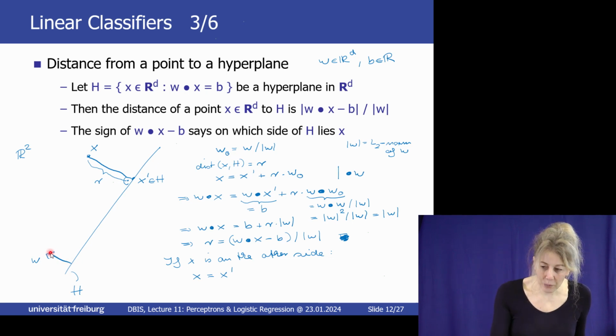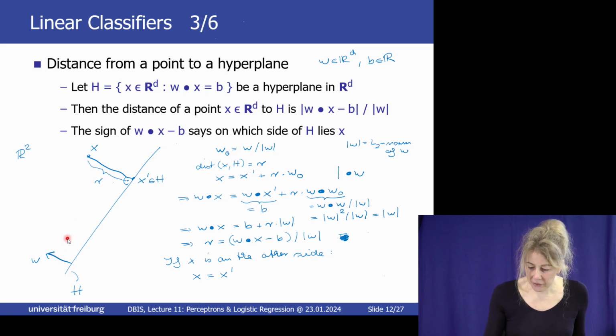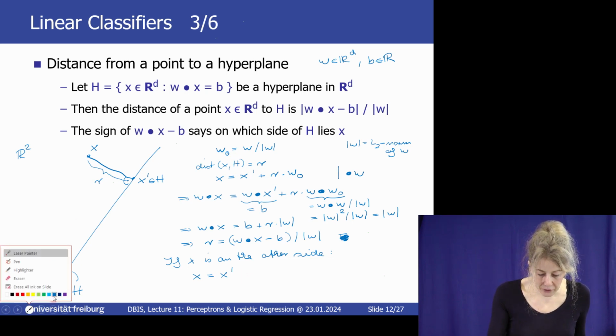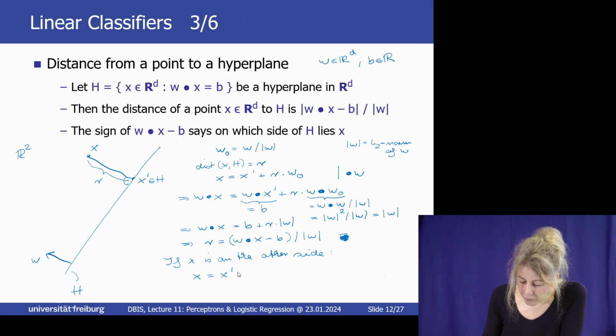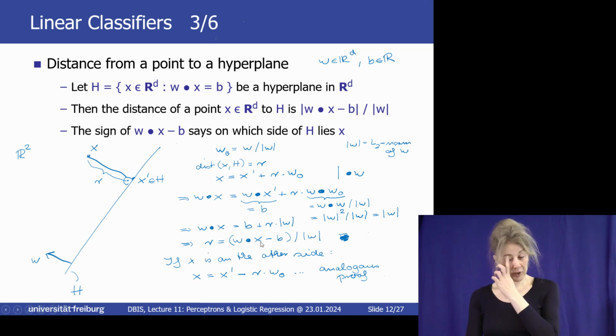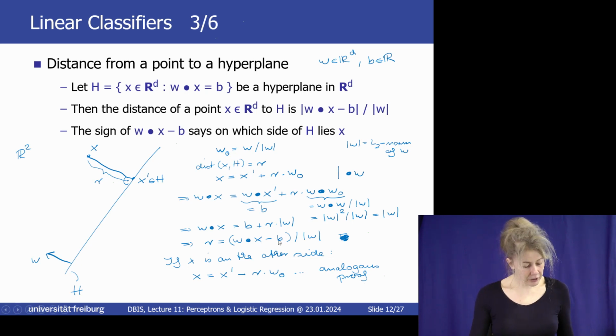So the normal vector points to the positive examples, or at least that's how I define it. So x prime minus r times w, analogous. You can just do the same thing again, and then you will get this thing reversed here.